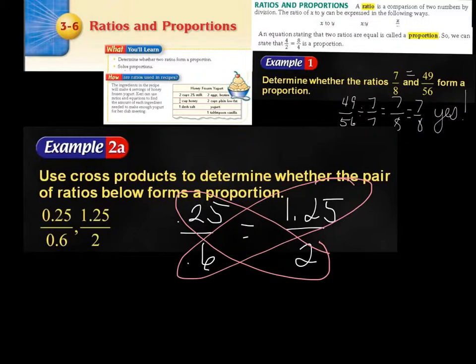One of these is the means, the other is the extremes. We'll get those defs in a second. So in our products, 0.25 times 2 is 0.5, and 0.6 times 1.25 is 0.75, which are not equal, so these two do not form a proportion.